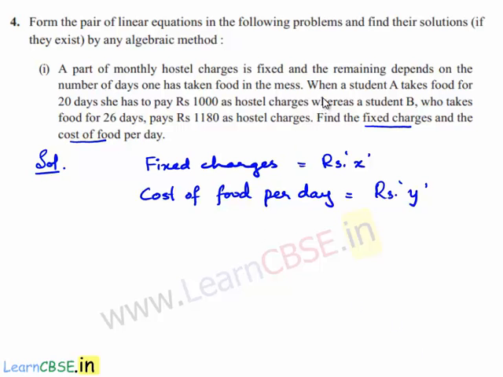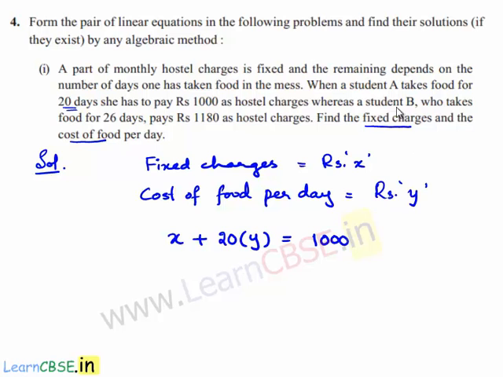Now, according to the given problem, when a student A takes food for 20 days, she has to pay rupees 1000 as hostel charges, whereas the student B who takes food for 26 days pays 1180 rupees as hostel charges. So, we can form the linear equations: fixed charge, that is x, plus for 20 days the cost would be 20 times y, is equal to 1000 rupees.